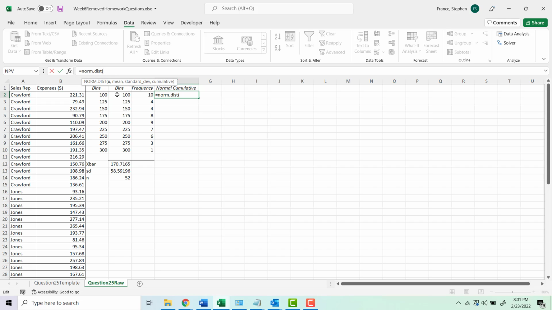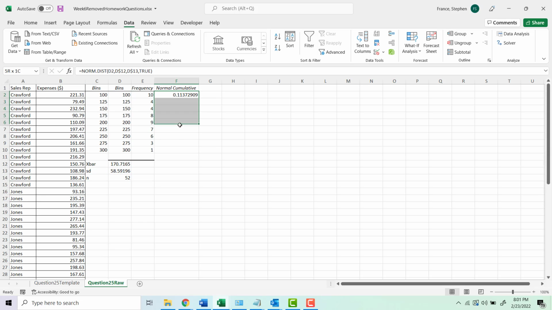We want to see how much up to 100 we would have if it was normal, given that we have this mean and this standard deviation, and cumulative equals TRUE. Now we don't want the mean and the standard deviation to change, so let's lock them in when we drop down. And these are the cumulative normal probabilities based on the normal distribution.